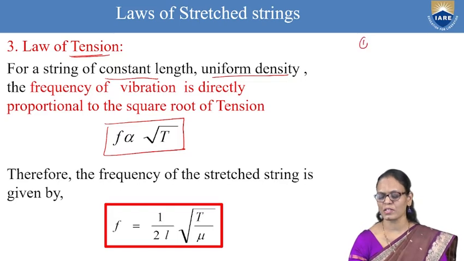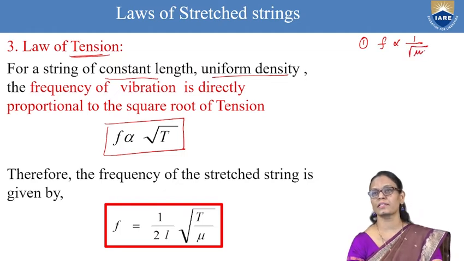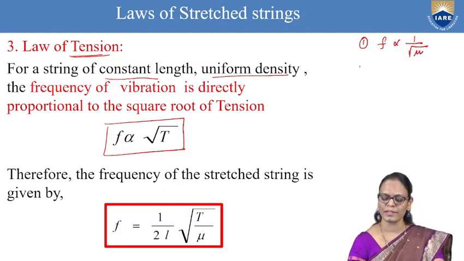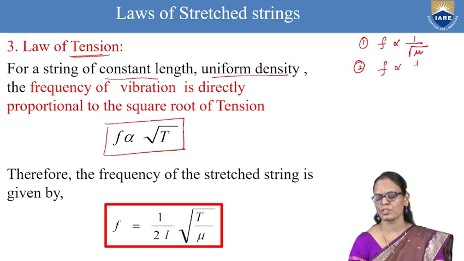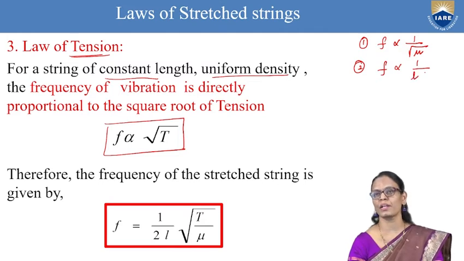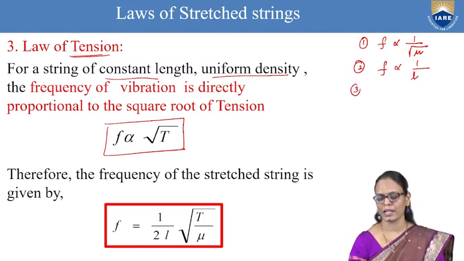So what the first law says, frequency is inversely proportional to the square root of linear density or the mass per unit length. The law of length says that frequency is inversely proportional to the length of the string. And the third law says frequency is directly proportional to the square root of tension.